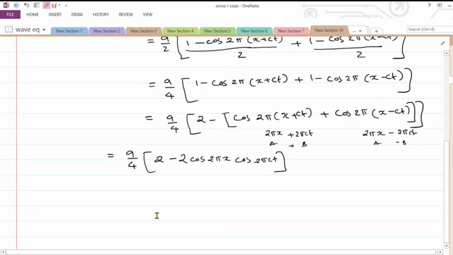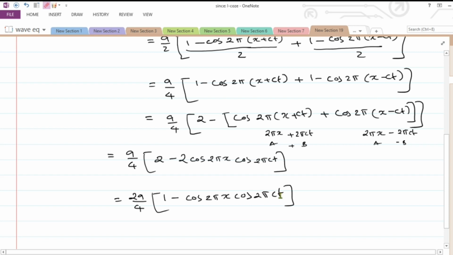Fine. So we can go further, we can take even 2 common, which can be brought outside, is equal to 2a by 4 into 1 minus cos 2 pi x cos 2 pi ct.